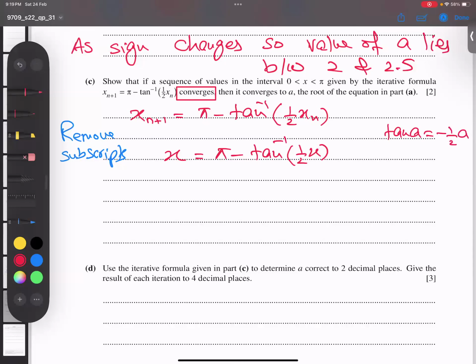This is our target. First of all, I will bring tan inverse to the left hand side, I will get this positive, and x will go to the right hand side, so it becomes pi minus this. Now tan inverse will go there, and you know it very well, students, half x stays there and the inverse goes there. The inverse automatically eliminates. I think up till here you are not getting any big issue.